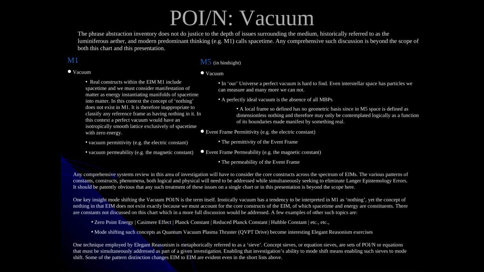Another paradigm of interest, the nature of vacuum between M1 and M5, is an interesting paradigm to pursue, and again seems simple on the surface, but when you dig into it is a great deal more complicated than that, and is also related to other aspects in physics. In this case, it's permittivity, which is the electric constant, and permeability, which is the magnetic constant, and they have their own definitions for all that.